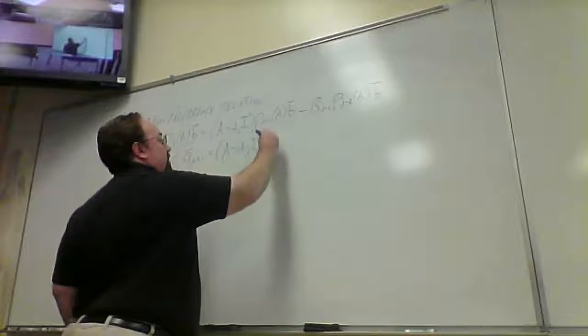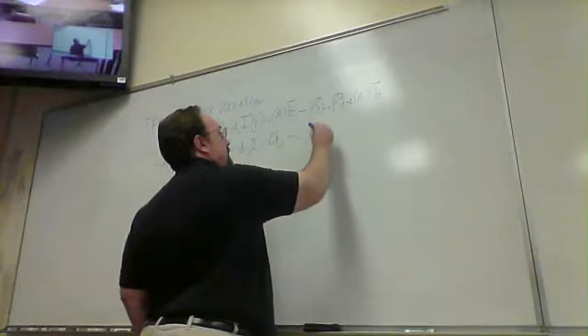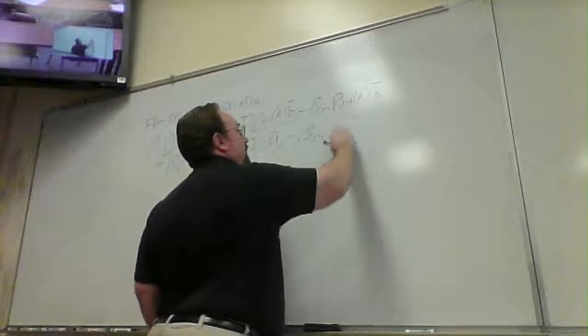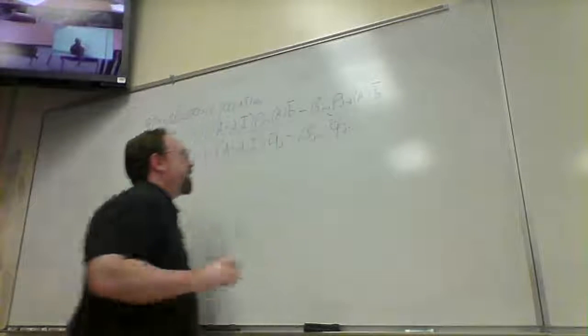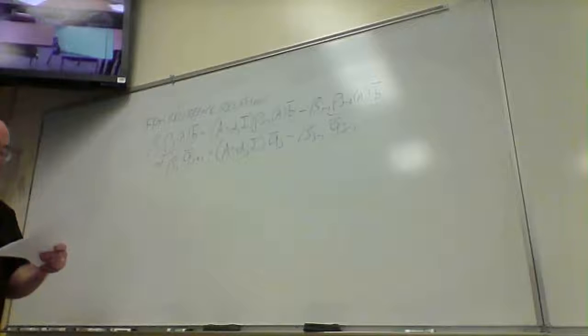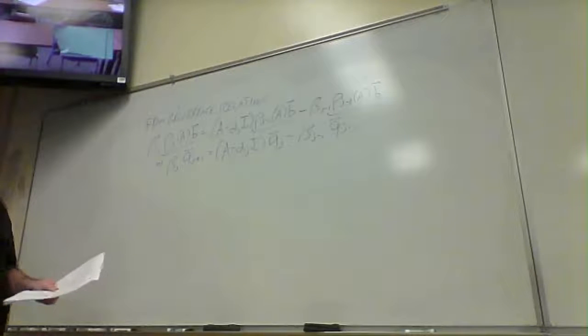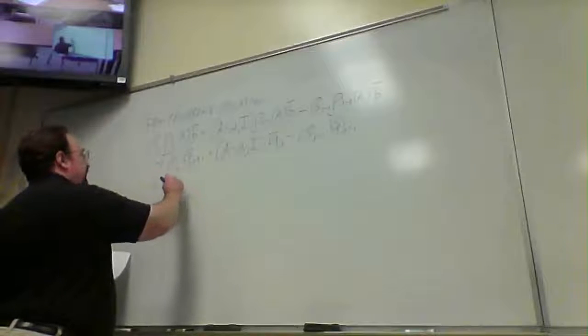This right here is qj, and this gives me qj minus 1 coming from here, because that's how I defined the q's earlier. Okay. Now, I can go ahead and rearrange this.